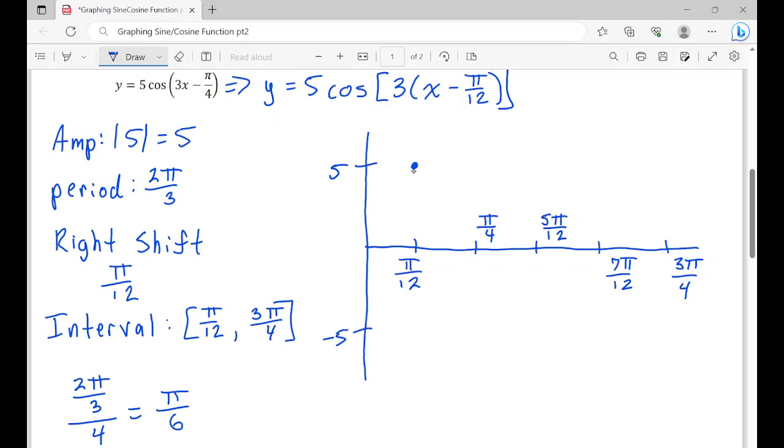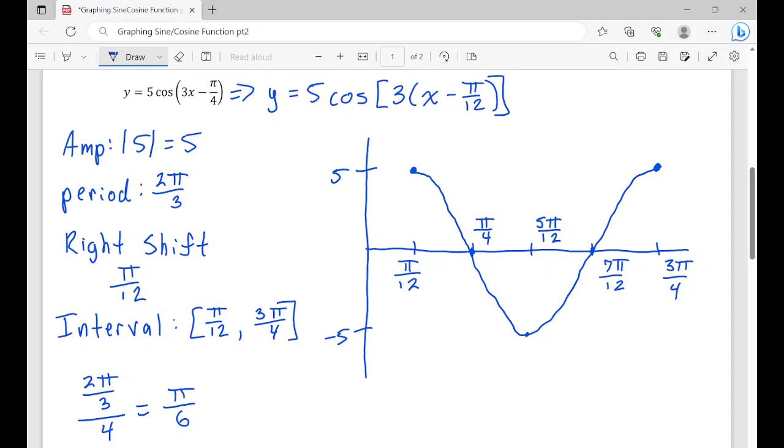So the graph is going to start here, go down across the x-axis here, keep going down until it reaches the lowest point here at -5, come back up here, and then keep on going until I reach the end of this period. So cosine wave starting here, going down, going up, and there we go for the graph of this function here.